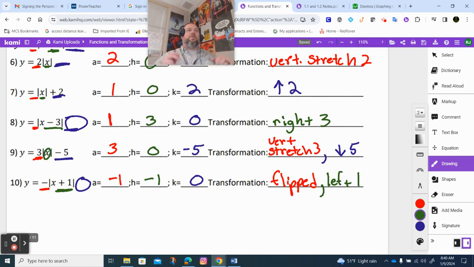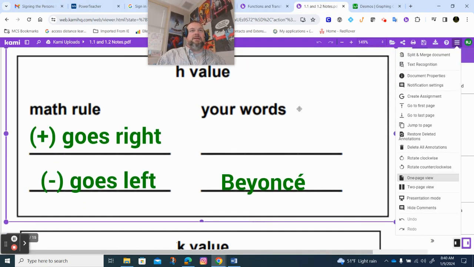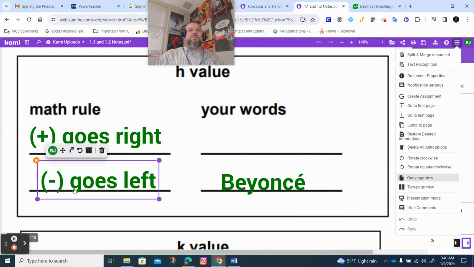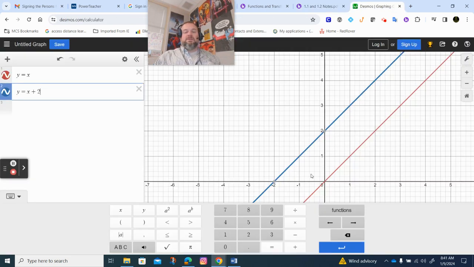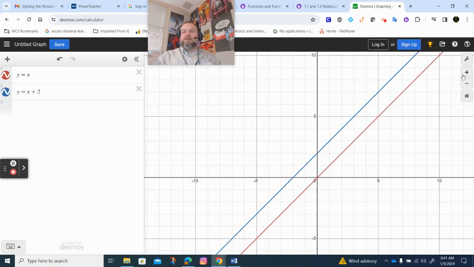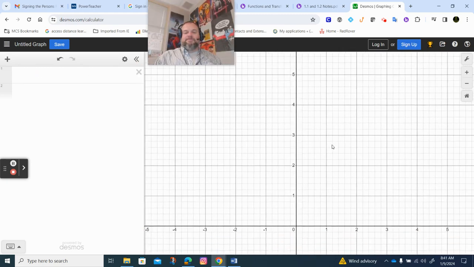Hopefully we're slowly getting some aha moments. Where do you get the left? All right. So when our value of H, remember H is the opposite of what's written, when it's negative, it goes left. Just like, let's delete this.